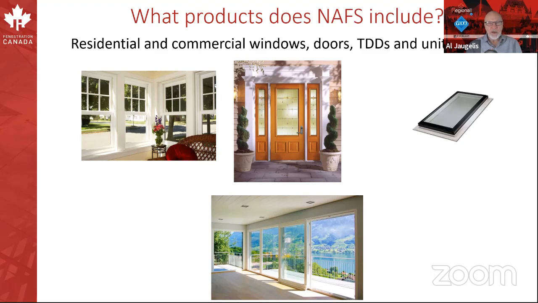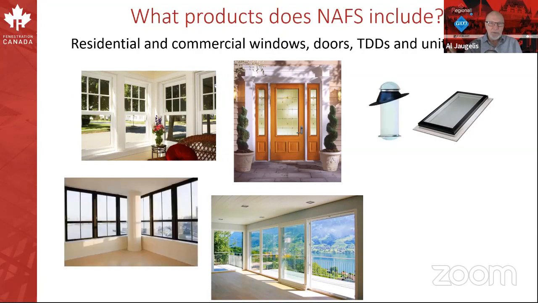Unit skylights are skylights that just contain one piece of glass, or a roof window would be an operable skylight with one piece of glass, a tubular daylighting device. This standard also covers windows that we might consider high-rise windows or commercial windows, whether they're site glazed or factory glazed.